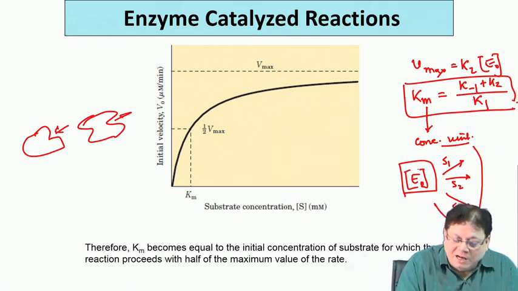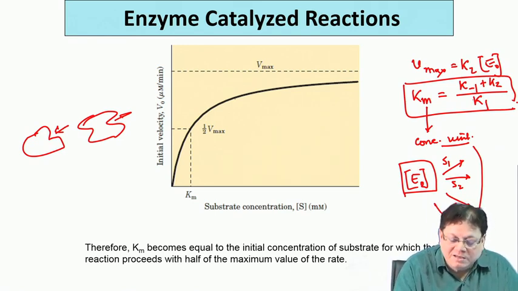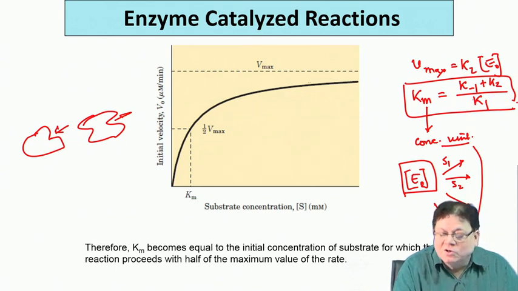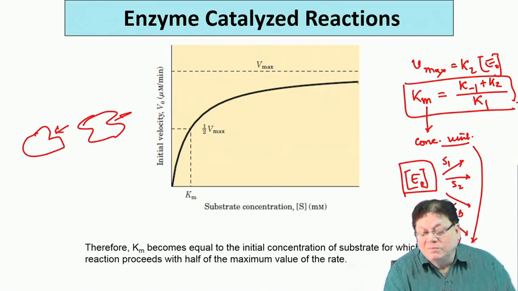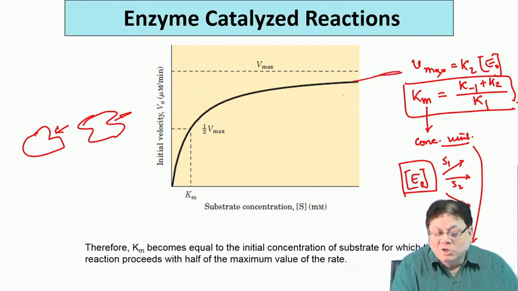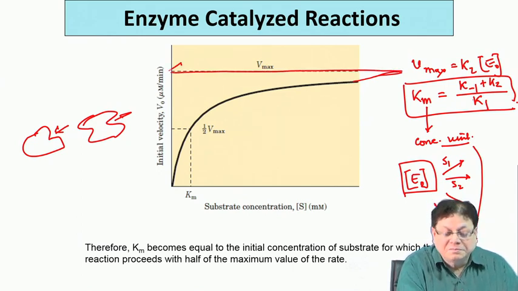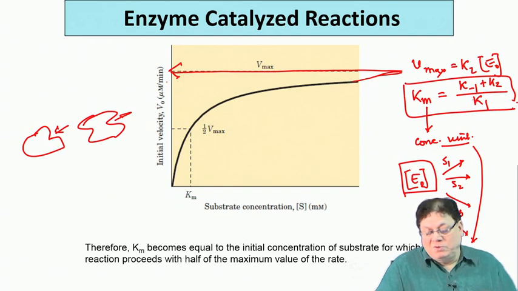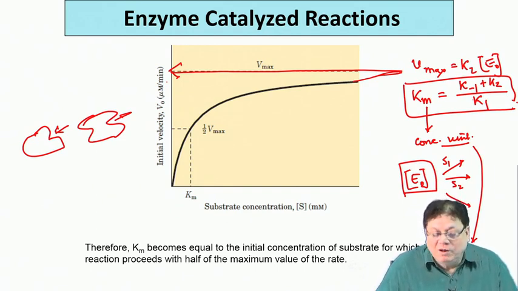So, the nature of the graph is that it increases and finally slowly comes to a constant value. This is the maximum velocity that you can get with a particular enzyme concentration, V max.